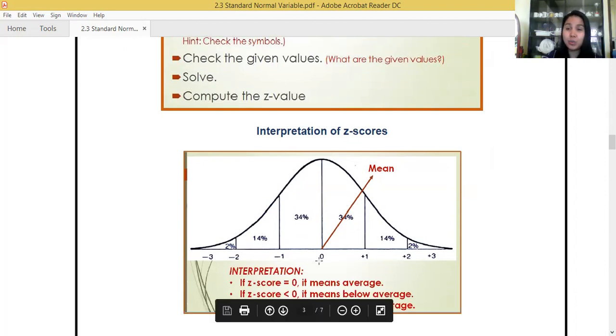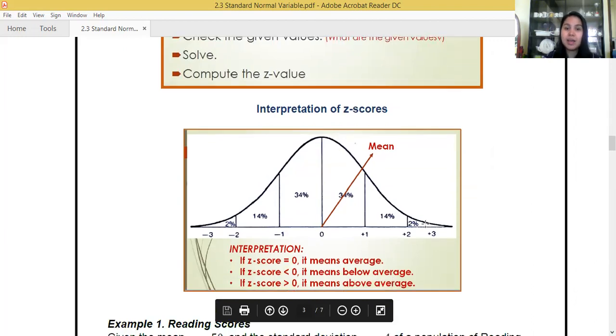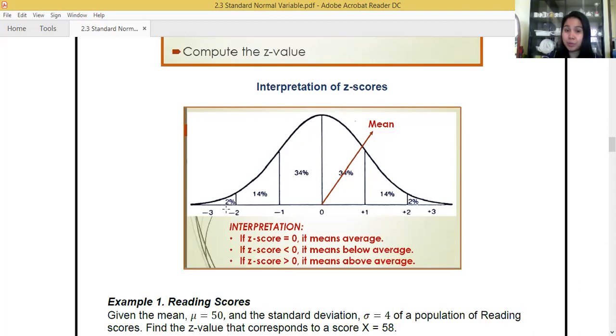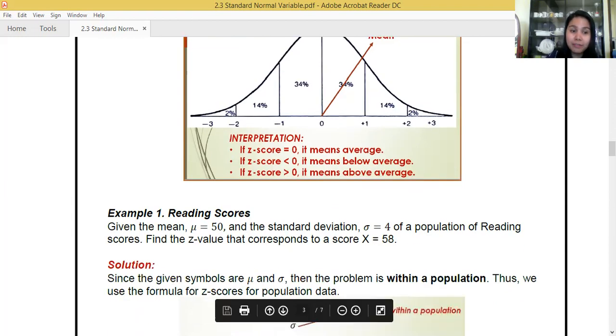If the z-score is exactly 0, it means that the score is on the average. If it's below 0, it means it's below average. If it's greater than 0, it means it is an above average score. For example, let's take example number 1.